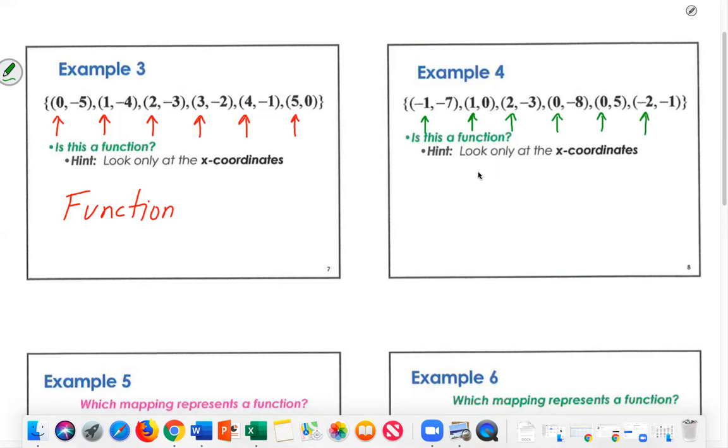Now, I have -1, 1, 2, 0, 0, and -2. Well, I want you to pay attention to this and this. Notice I said 0 twice, and it goes to 2 different values, so it's not a function. Not a function.